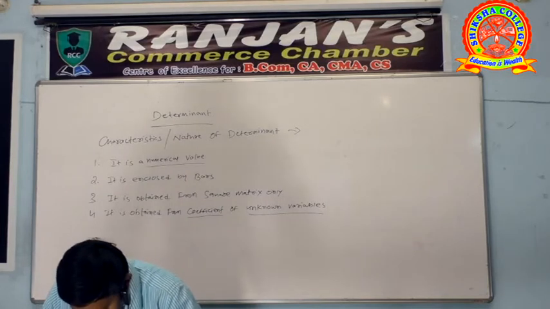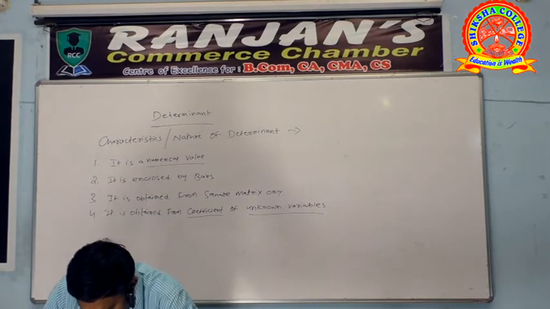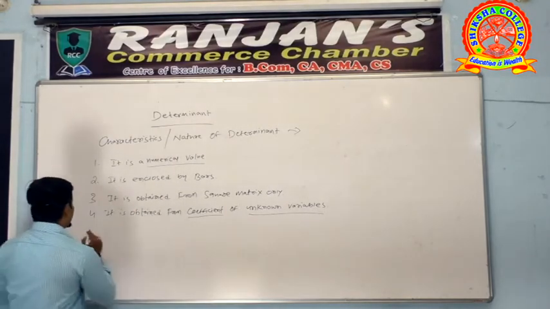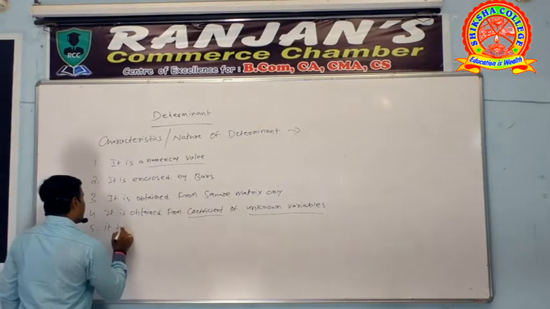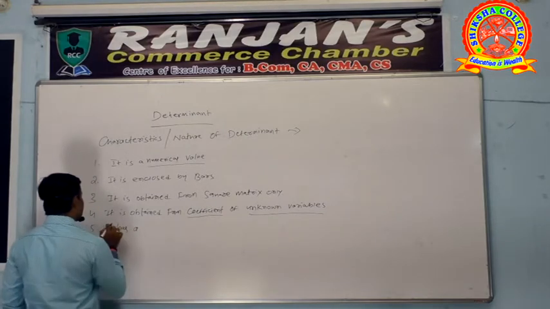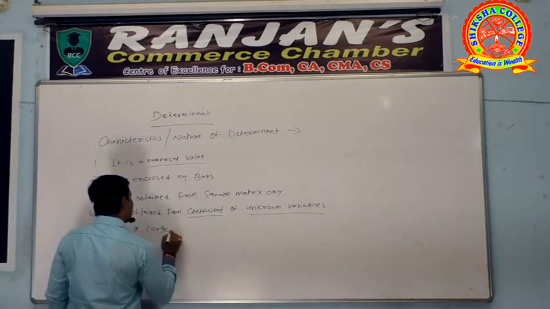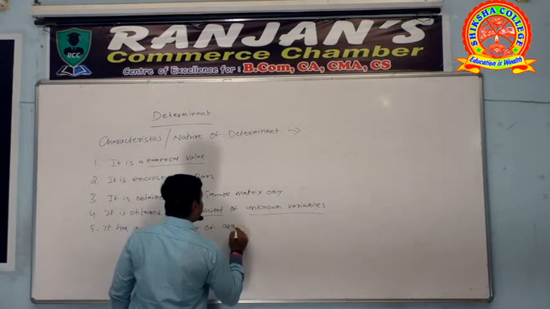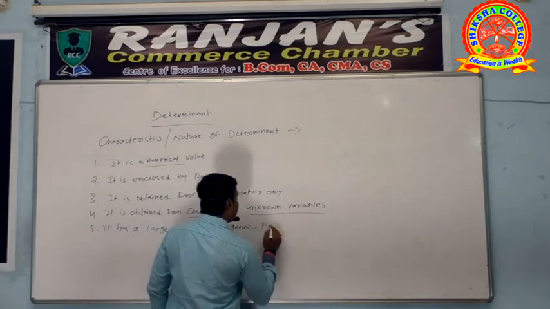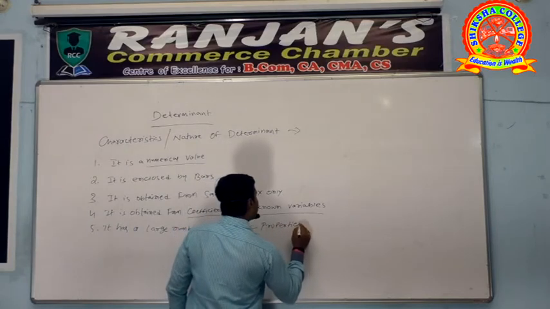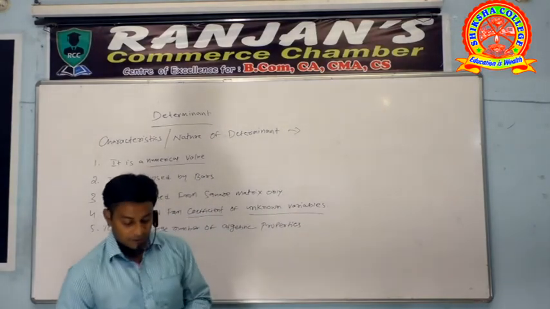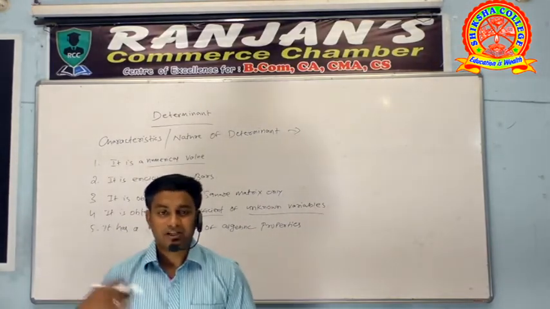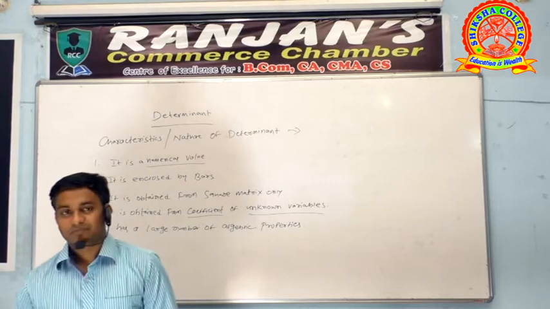Clear, students? Then it has a large number of algebraic properties. Now the determinant has a number of properties, around 8 to 10 properties, that we will discuss in later classes.